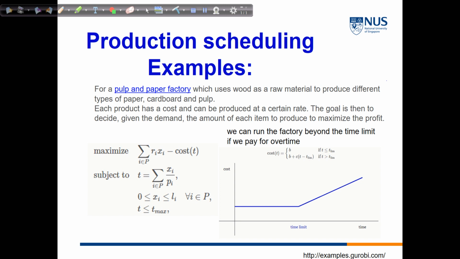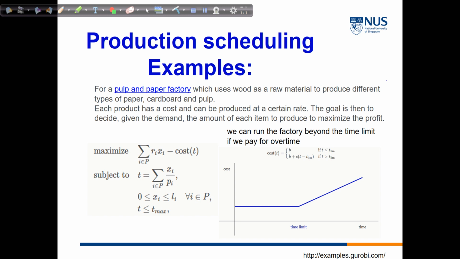The goal is to decide, given the demand, the amount of each item to produce in order to maximize the profit. It's also given that we can run the factory beyond the time limit. So there's a certain time limit given here. But if we pay for the overtime, within the time limit there's no additional pay.